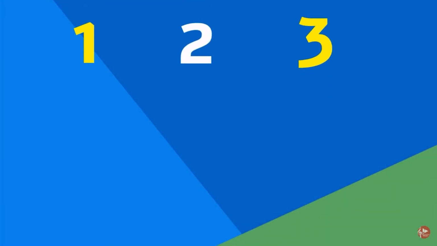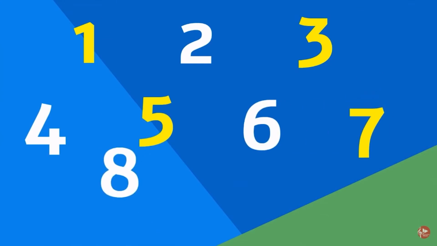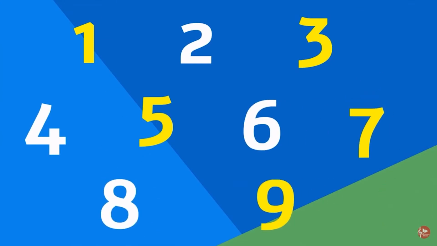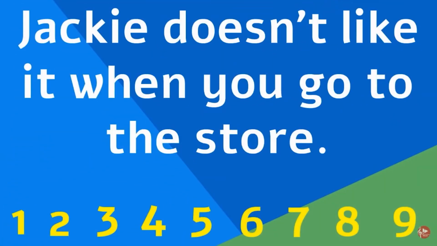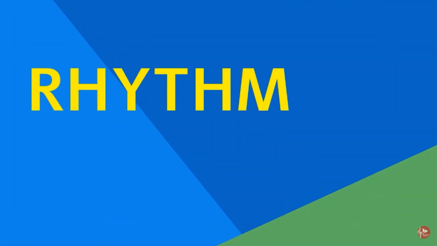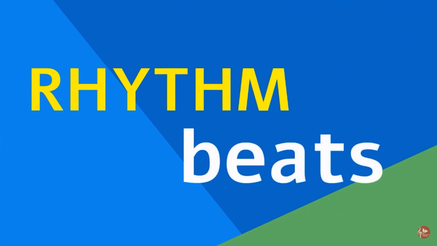I don't care if you go to the store. Let's take the same 9 beats, but use a different sentence. Jackie doesn't like it when you go to the store. Did you notice how some of the beats had more syllables in them than others? That produced a rhythm based on the 9 beats that we established.